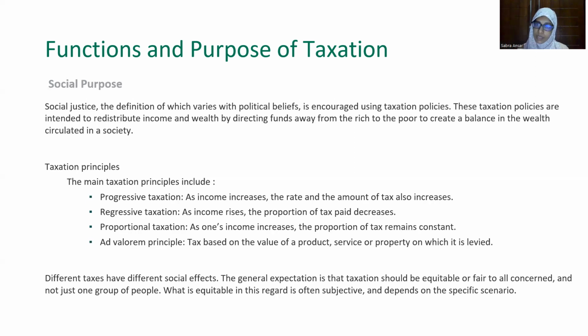There will be more taxation from the people who earn wealth, and then relief will be given to people who are not earning enough, and there will be social benefits given to those people.